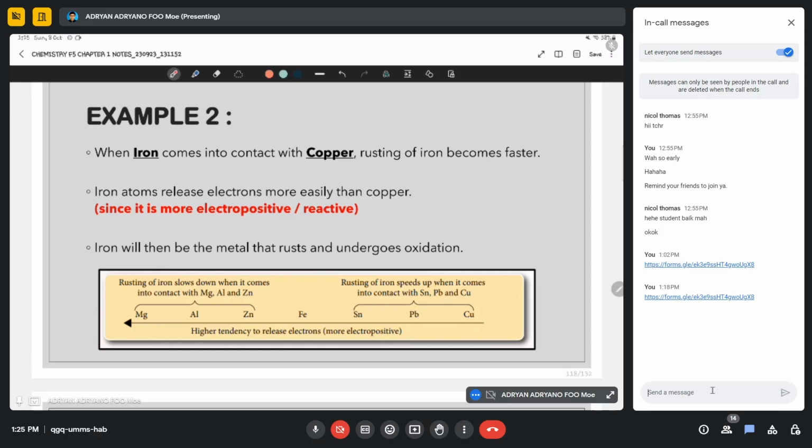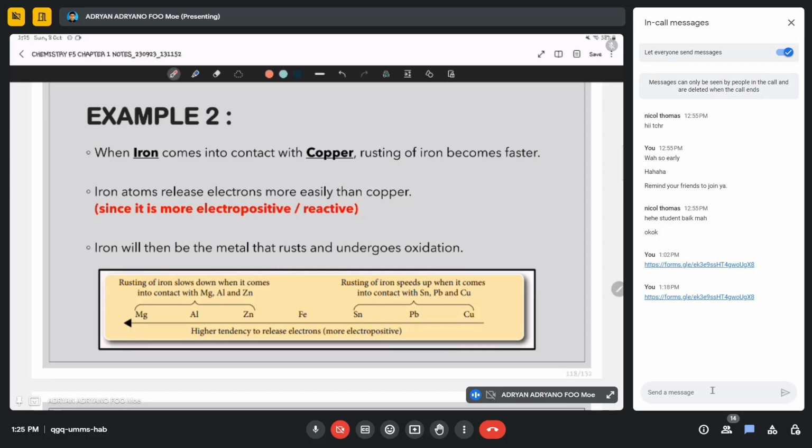So this copper says, iron, can you be faster, release electrons quickly? I really need electrons now, I can't survive without electrons. So it keeps pushing iron to produce electrons faster. That is why rusting occurs faster. Because we know that rusting or corrosion is the metal releasing electrons. So if the rate of rusting is faster, it means the rate of releasing electrons is also faster. That's all. So this is the concept.